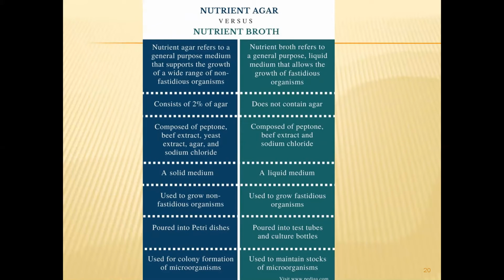Agar is used for colony formation of microorganisms while broth is used to maintain the stocks of microorganisms. So this is the basic difference between nutrient agar and nutrient broth. Now we will see how to prepare and sterilize the nutrient broth and nutrient agar.